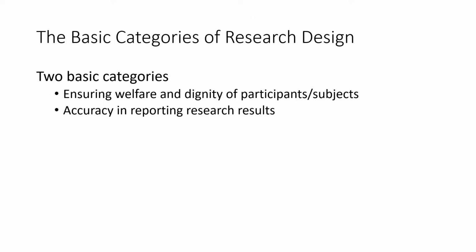Let's expand on some of these. So the basic categories of research ethics. First, the two basic categories are going to be to ensure the welfare and dignity of participants and subjects. And then the second ethical concern is accuracy in reporting the research results. So I've been talking about things that cause harm mainly to participants, but just as important is the accurate reporting.